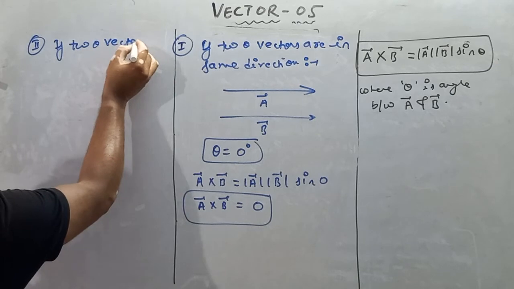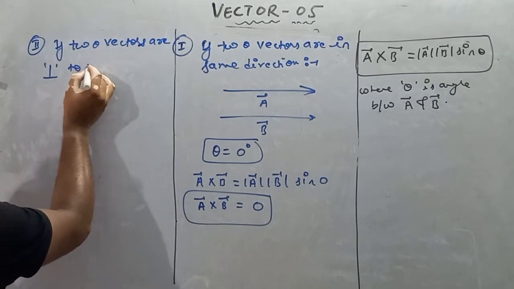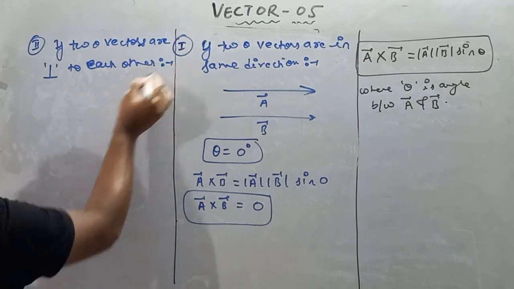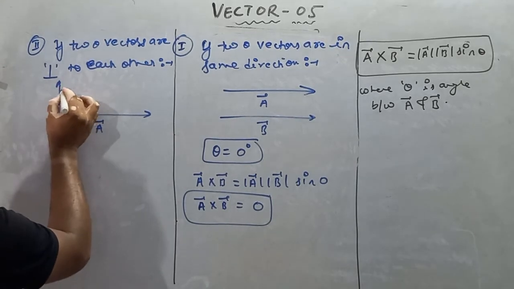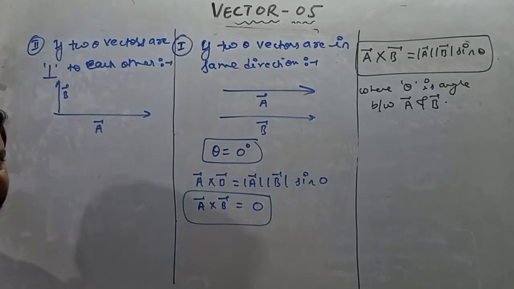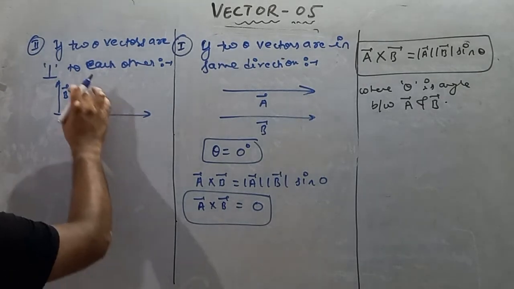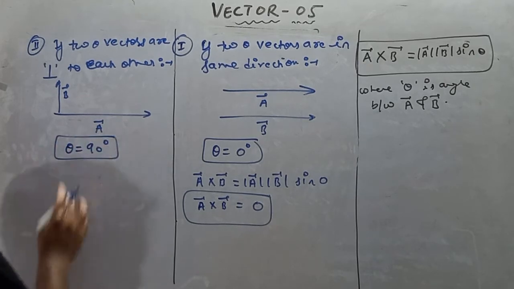If two vectors are perpendicular to each other, my dear students, let's suppose this is our A vector, this is our B vector, and both the vectors are perpendicular to each other. Then we know that theta becomes 90 degrees.